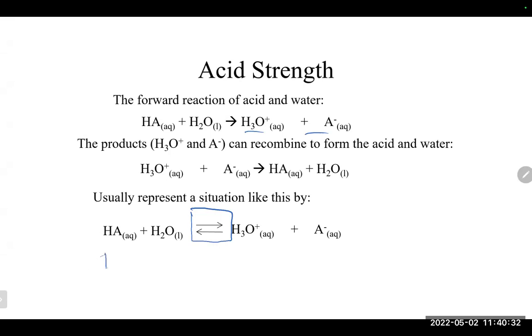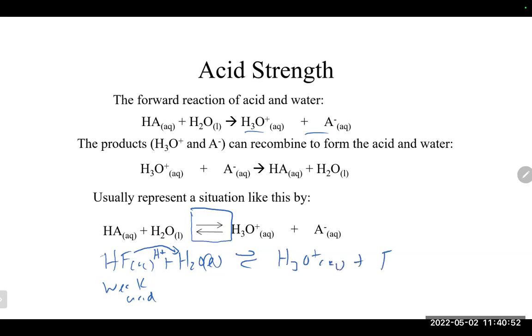An example of this would be hydrofluoric acid, which is a weak acid, plus some water. Because this is an acid, it's going to donate its H plus over. The result will be H3O plus and F minus.